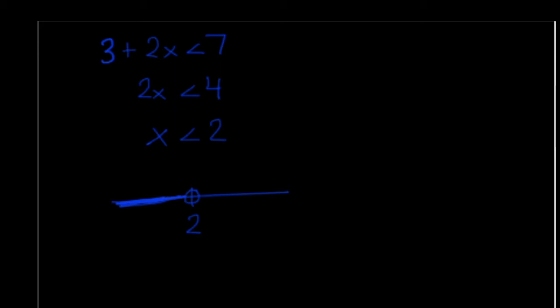Okay. Next example, we're going to be looking at 5 minus 3x less than 5x plus 2. First thing we should do is take care of the constants, so I can either subtract 5 or subtract 2. In this case, I'm just going to subtract 2 from both sides. So I'm going to have 5 minus 2 is 3, minus 3x is less than 5x.